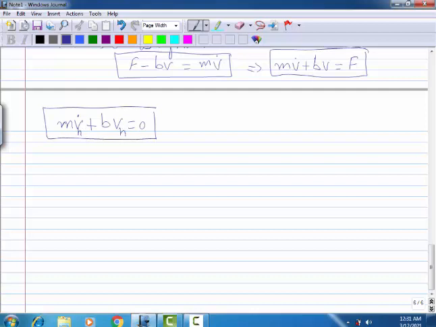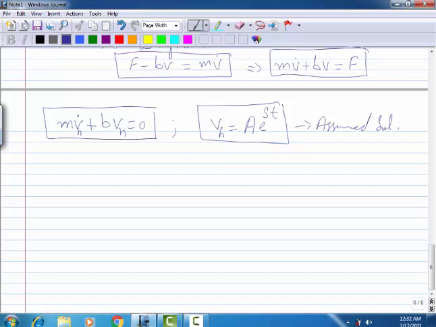For H, the solution, which we learned from the previous example, is that v of H can be equal to some constant A with an exponential e to the st. This is my assumed solution.